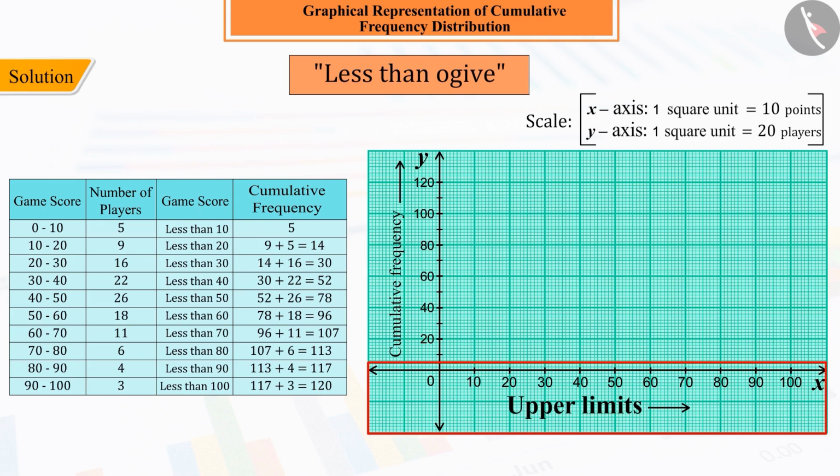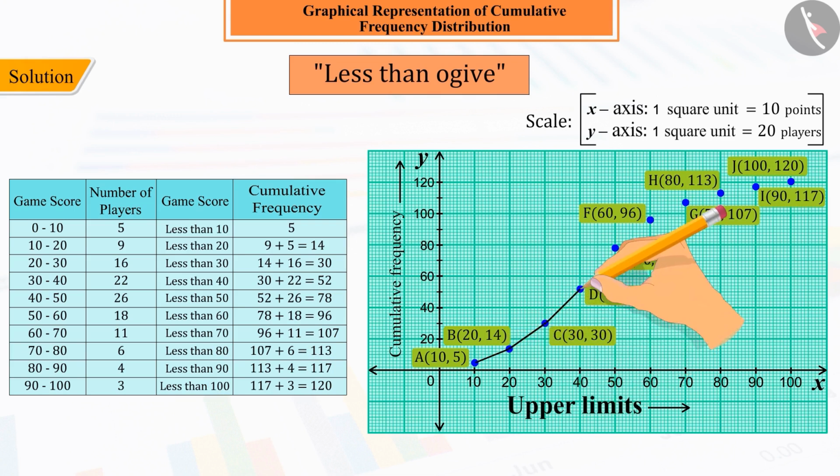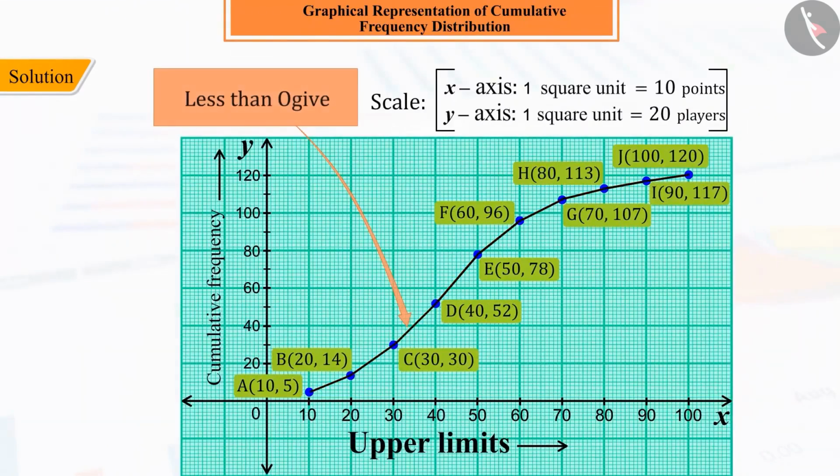Let us now plot the corresponding points A, B, C, D, E, F, G, H, I, and J of all these upper limits and the corresponding pairs obtained with the corresponding cumulative frequency. And join all these points carefully. This curve obtained is called the cumulative frequency curve of less than type, or ogive.